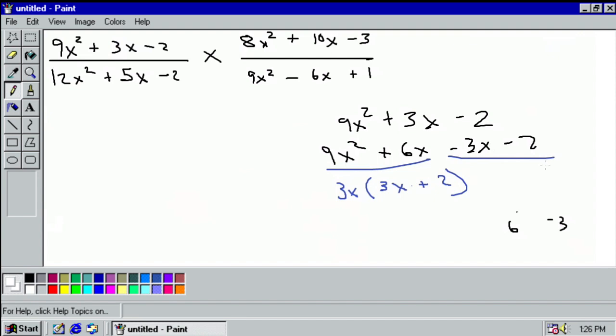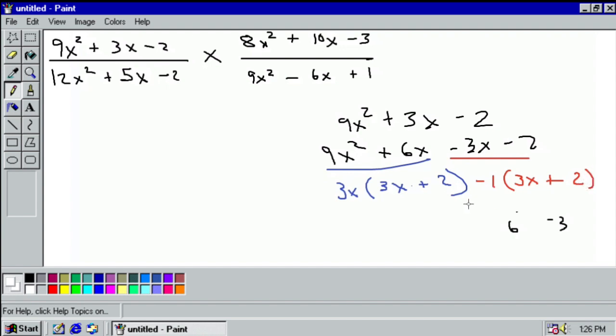And now for this part, we can factor it with 1 and negative 1. 3x divided by negative 1 will be positive 3x, and negative 2 divided by positive 1. Since they have the same signs, it will be positive, so 2.